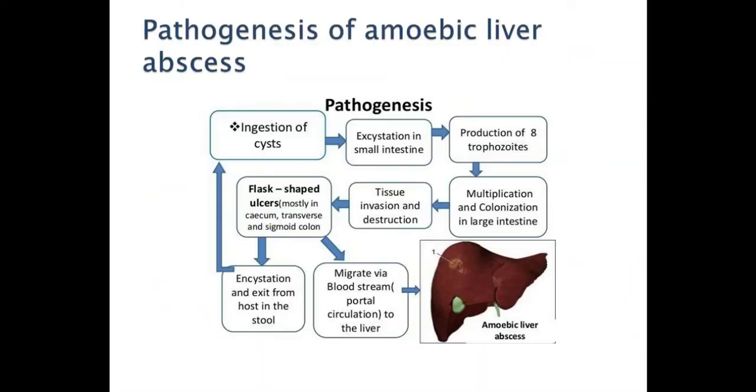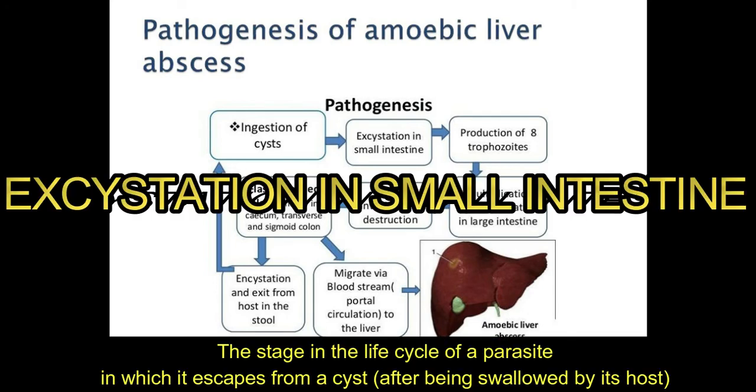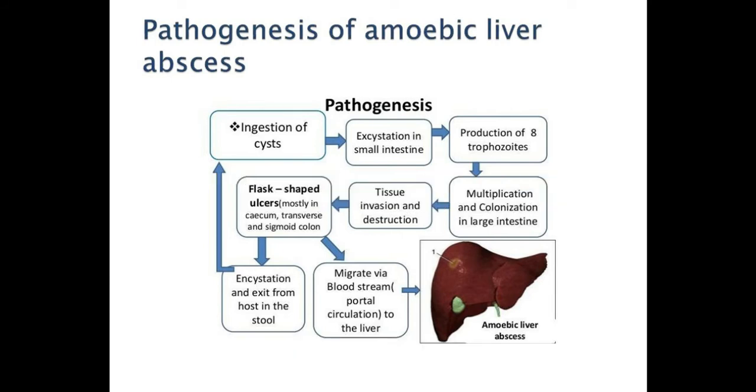So when discussing the pathogenesis of amoebic liver abscess, obviously there will be ingestion of the cyst that travels to the small intestine. We mentioned the excystation in the small intestine, then the production of trophozoites. These trophozoites will multiply and colonize in the large intestine.